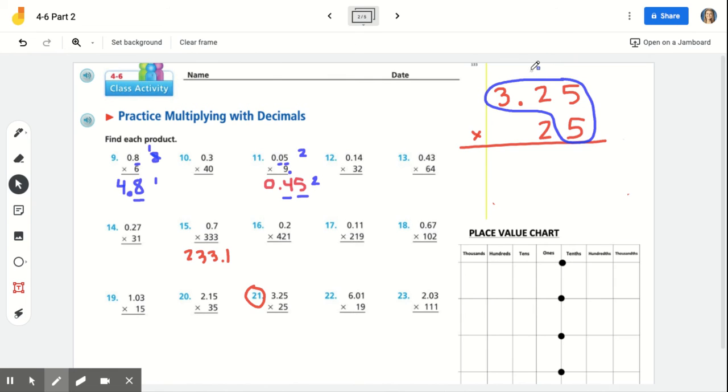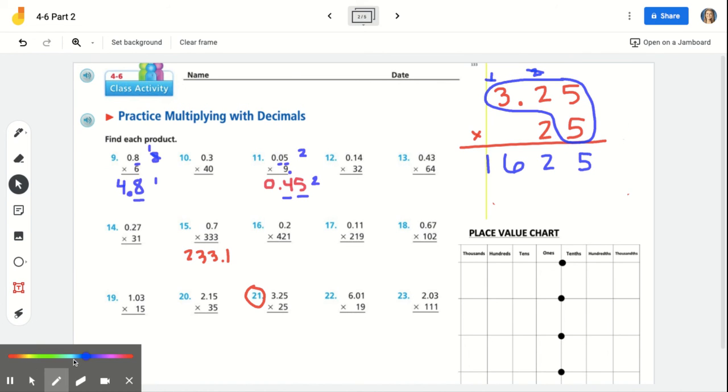5 times 5 is 25. 2 times 5 plus 2 is 12. 5 times 3 is 15 plus 1 is 16. I hope that you're able to follow along closely at that pace with me. I'm crossing out the 1 and the 2. We don't need that anymore.